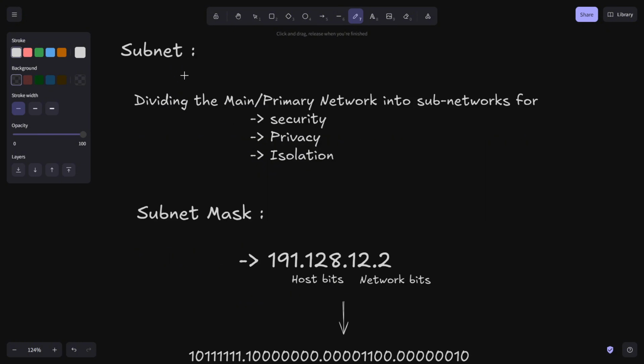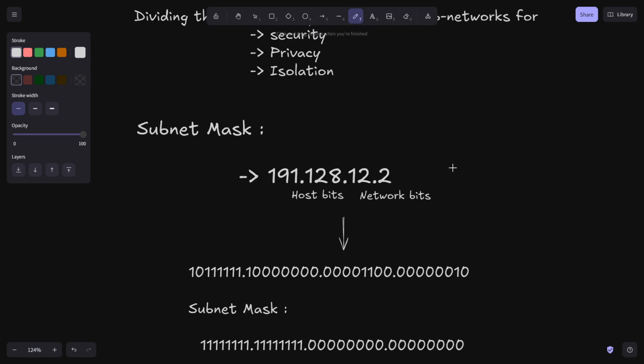Subnetting is about dividing the main or primary network into subnetworks for security, privacy and isolation, and to create large networks.